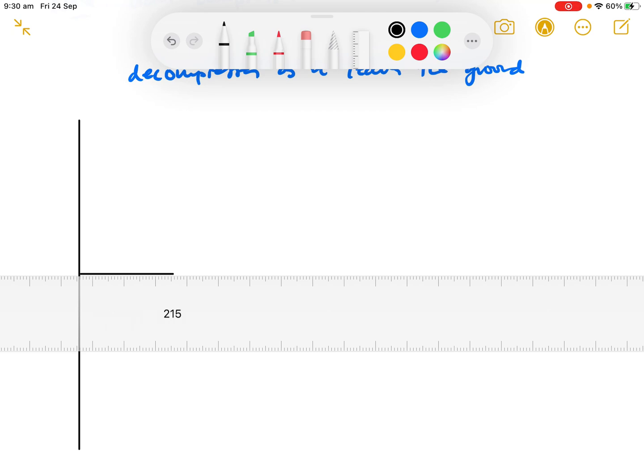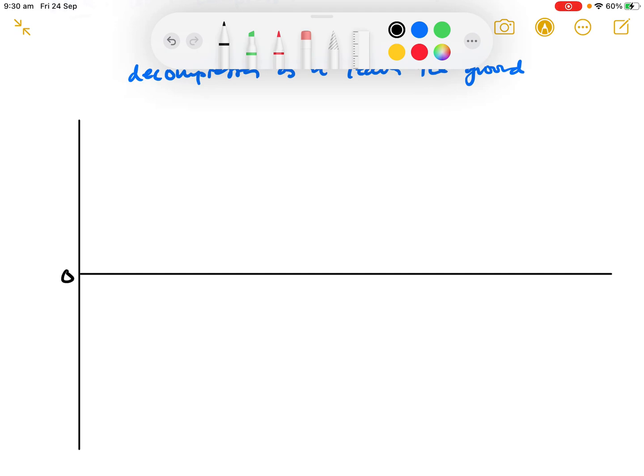Okay, so remember, this is the velocity time graph I'm drawing. Always have our origin, time in seconds, velocity in meters per second. That's the positive axis, and that's the negative.